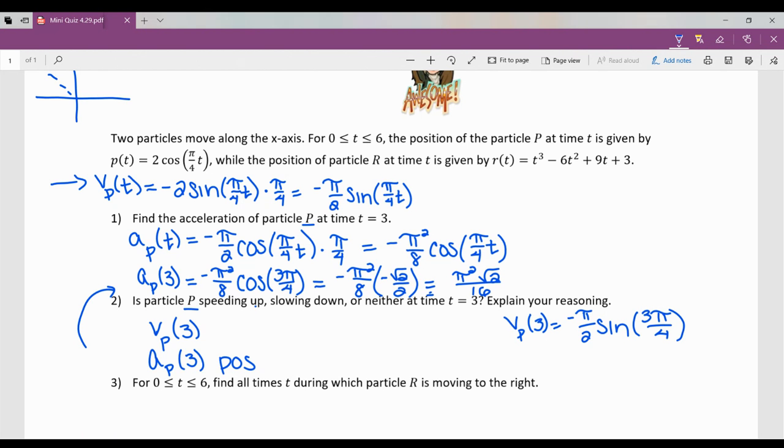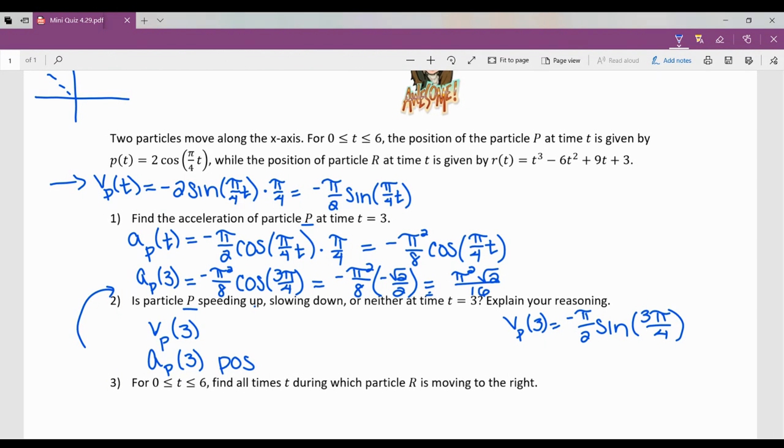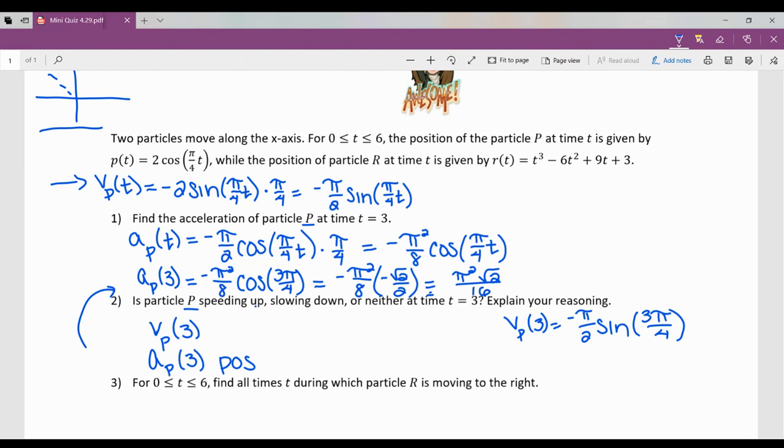All right, now this is my y value at 3 pi over 4. So remember I did that up here. My y value is positive, so it's going to be negative pi over 2 times positive radical 2 over 2. So that's going to be a negative number.